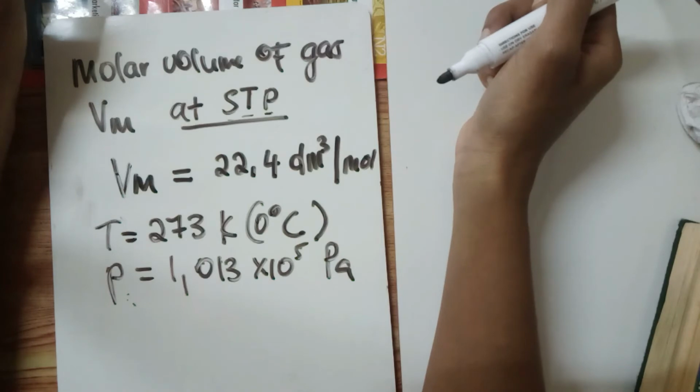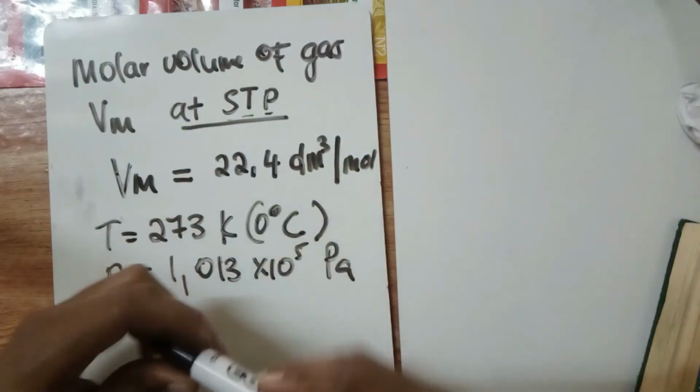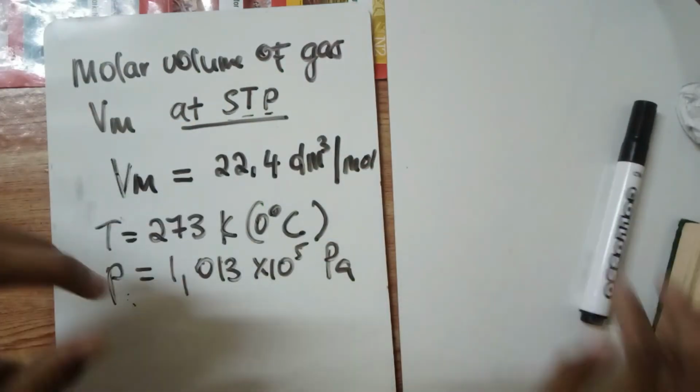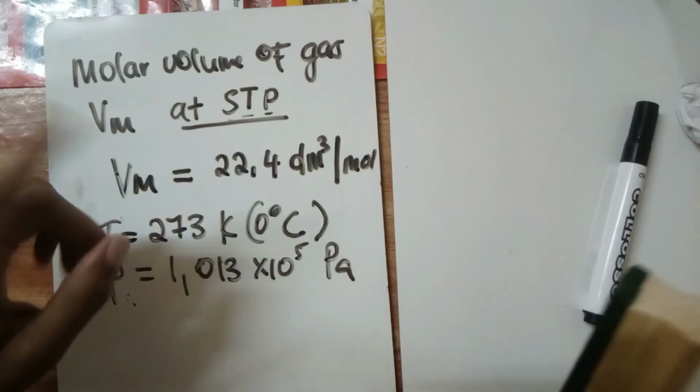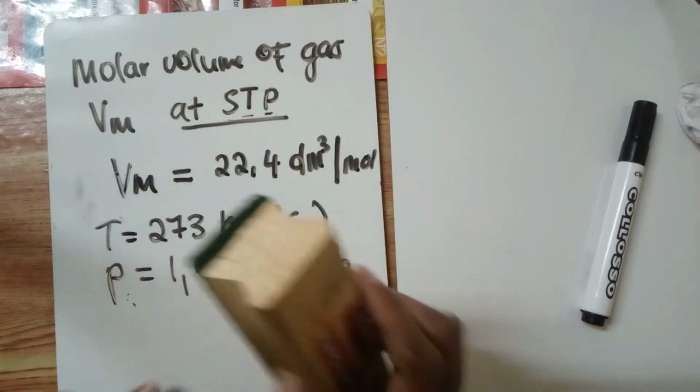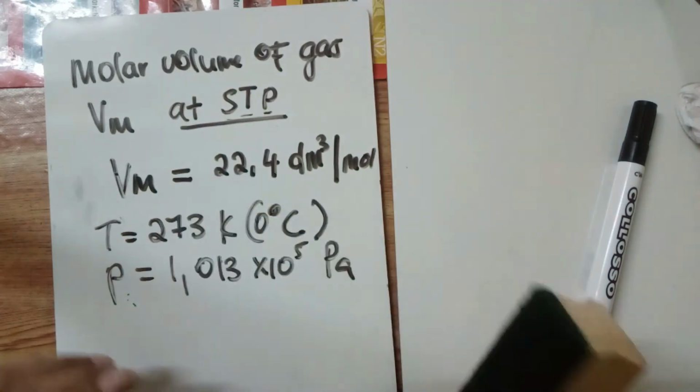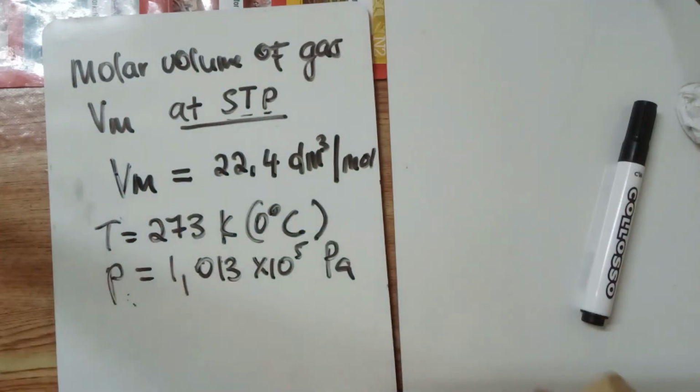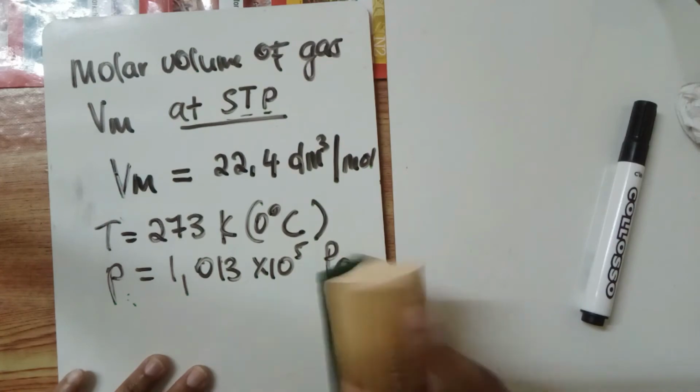This has important implications in terms of reactions, because for reactions at constant temperature and pressure, the gas volumes will react in the same ratio as the molar ratio. And I'll show you what I mean right now.